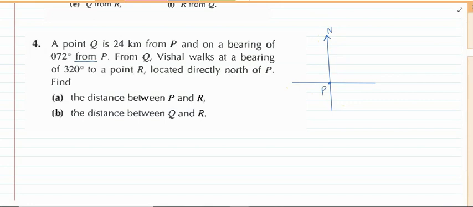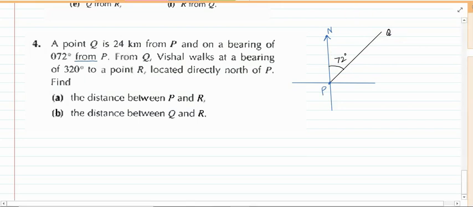Point Q is 72 degree from P. So 72 degree lies in this quadrant, right? So 72 degree, that is point Q, and this angle is 72 degree because we are talking about bearing, and bearing always measures from the north. From Q, Vishal walks at a bearing of 320.